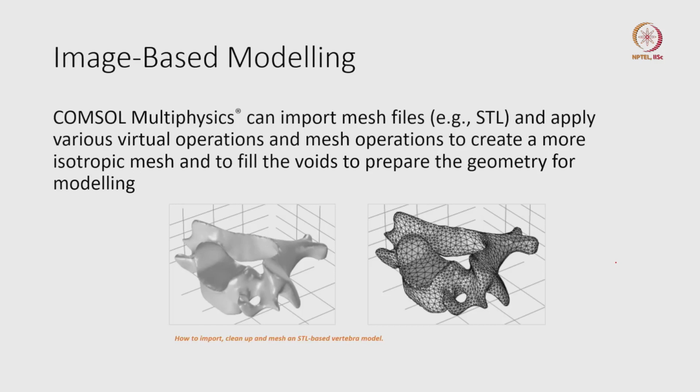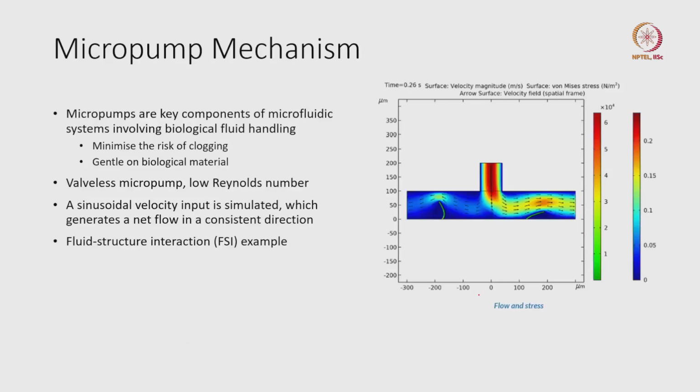You can also import the images, STL images, within the tool, and mesh those geometries and try to see how much stress is being generated on this vertebrae, for example. The final thing is the micro pump mechanism. So you can couple structural mechanics.